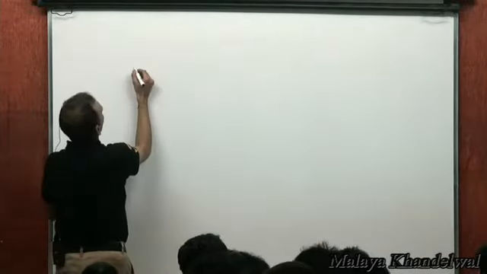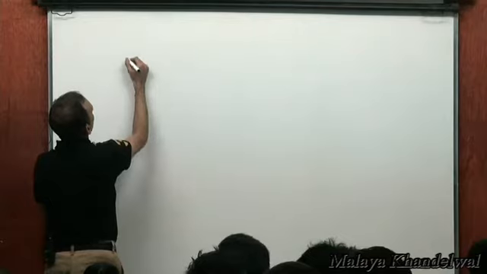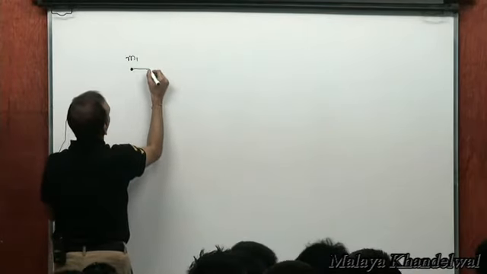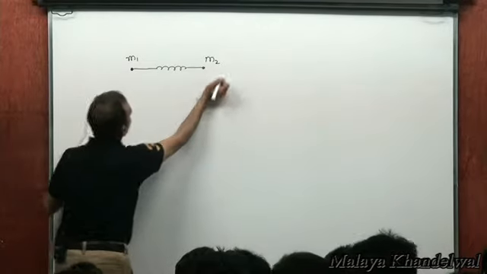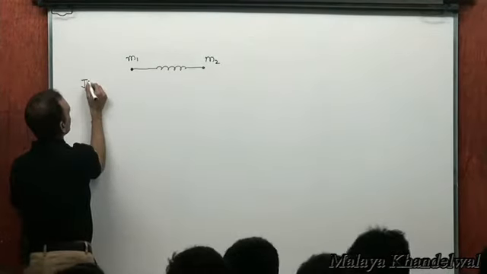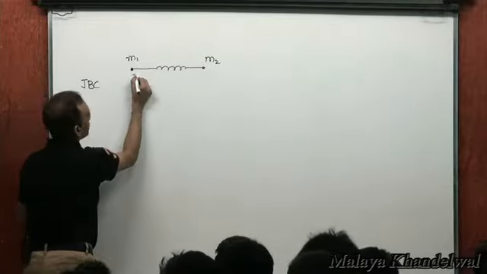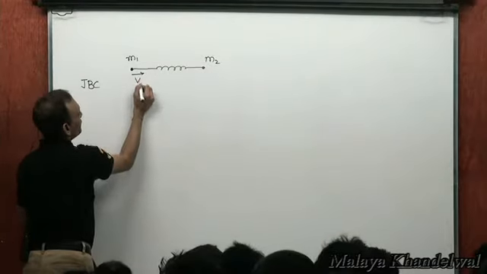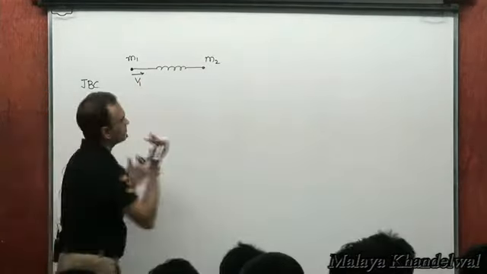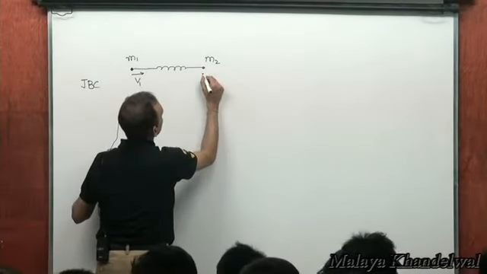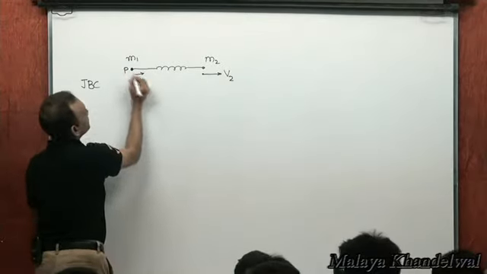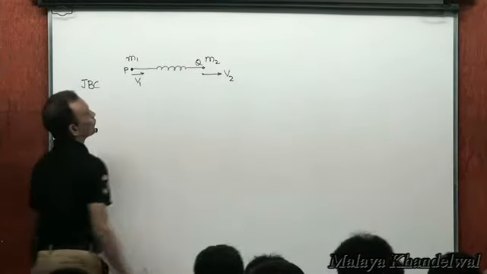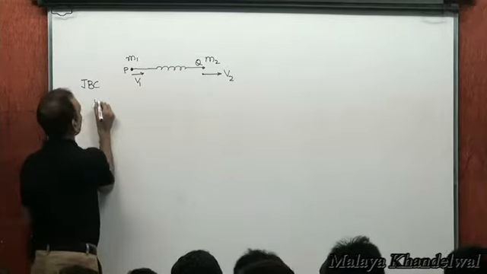So we have these two masses m1 and m2, just before collision. This had a velocity v1, say bigger than v2, and this had a velocity v2. Let me call this end p, this end q, say v1 greater than v2.